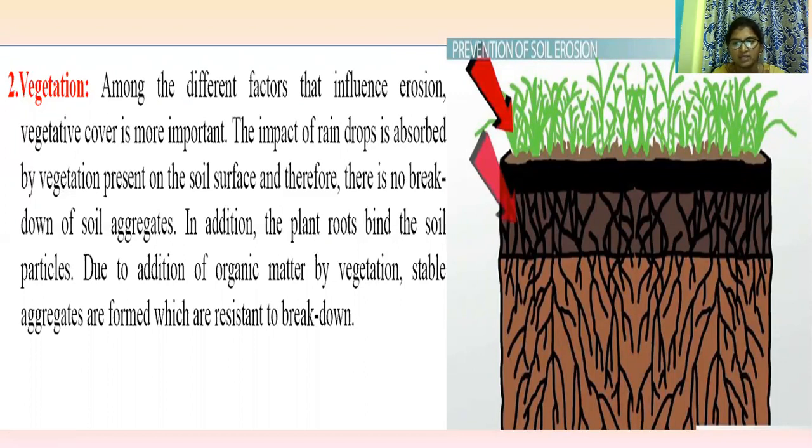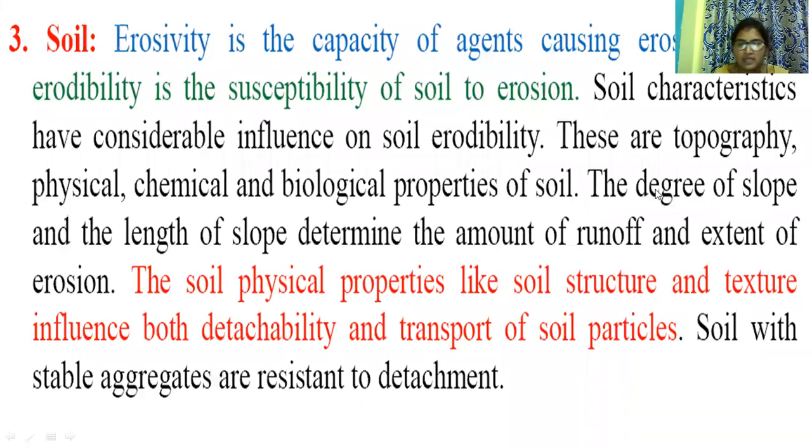Due to the addition of organic matter by vegetation, stable aggregates are formed which are resistant to breakdown. So infiltration will be more and soil erosion is reduced.